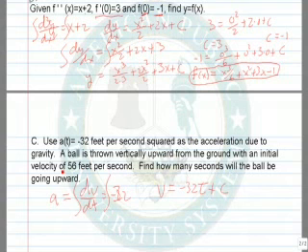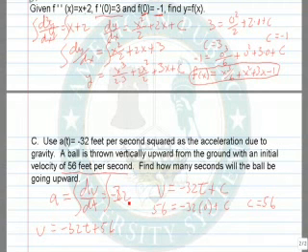But since we're given the initial velocity is 56 feet per second, if we replace velocity with 56 when t equals 0, we have our constant c equal to 56. So we can write the equation v equals negative 32t plus 56.